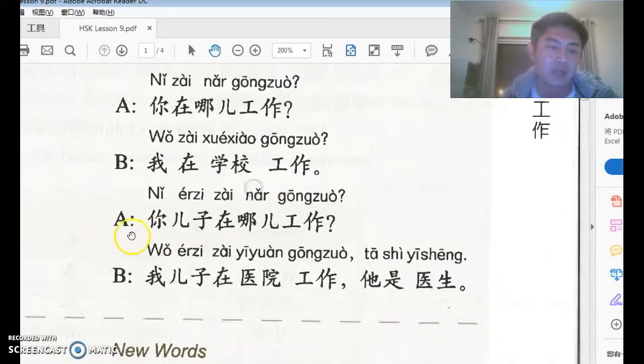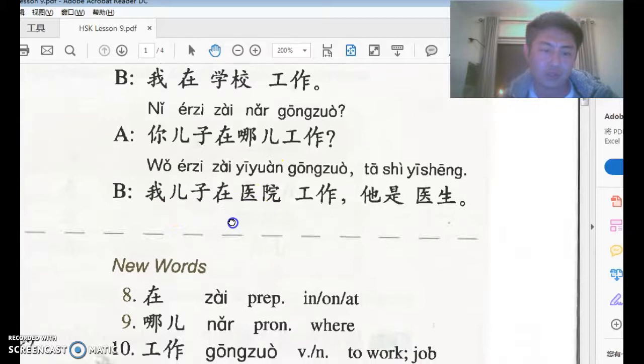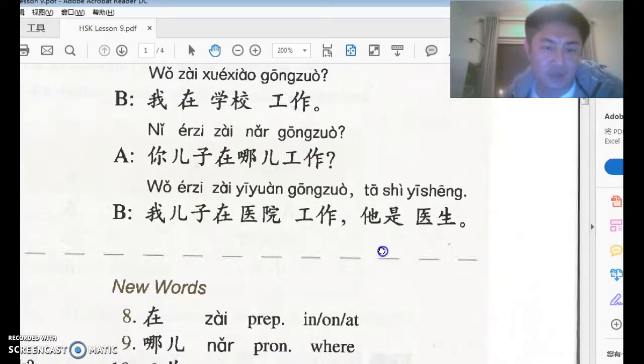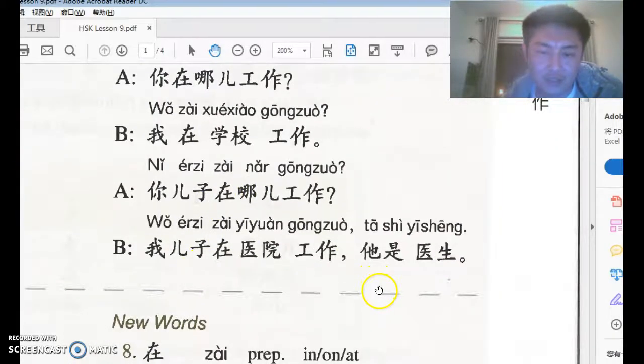I work in a school. A says 你儿子在哪儿工作 and B says 我儿子在医院工作，他是医生。医生 is a doctor, 医院 is a hospital. So my son works in a hospital, and he is a doctor. That's not too complicated. If you understand the topic of the lesson, you will understand the structure very easily.